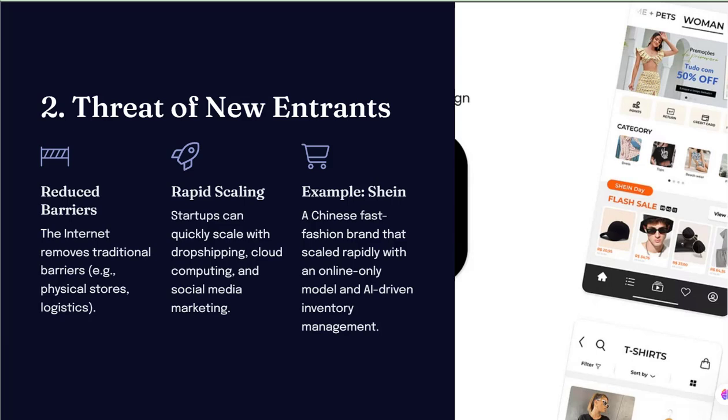So that's the rapid scaling of startups. A great example is Shein, a Chinese fast fashion brand that has scaled quickly with an online-only model and AI-driven inventory management. This highlights how new entrants can leverage technology to enter the market and compete with established players.